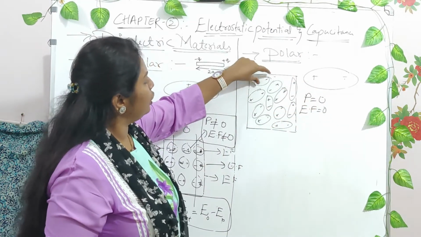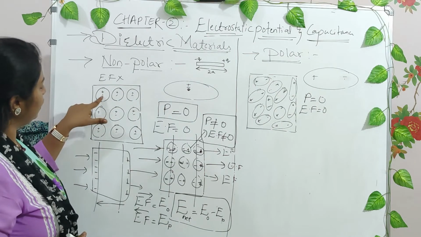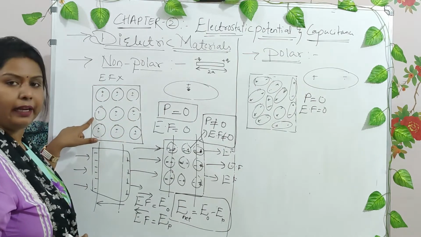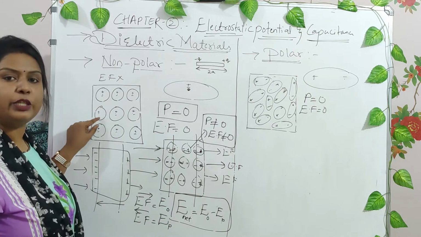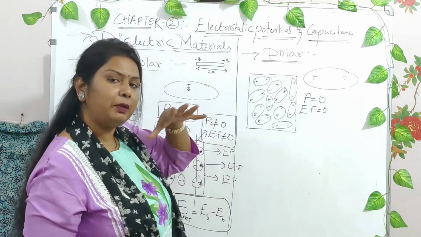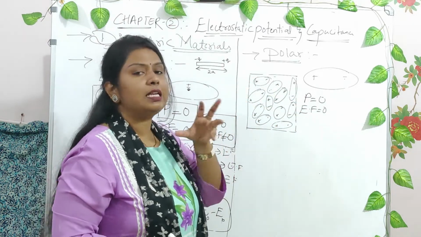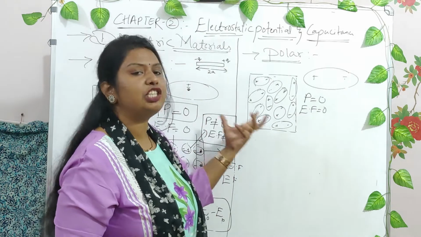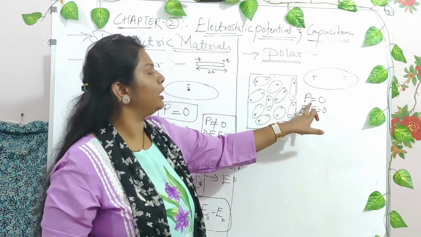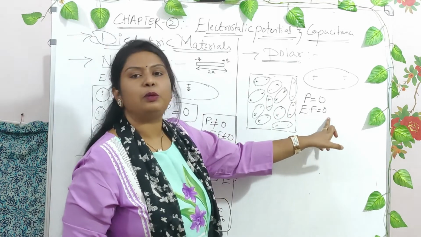Now see, the molecules in non-polar material only have one center, right? And there is no distance between positive and negative. But in the polar molecules, the charges are separated with some distance, and all are dipoles here. But these dipoles are arranged in a very random manner such that again the dipole moment is equal to 0. And electric field is not applied, and it is equal to 0.